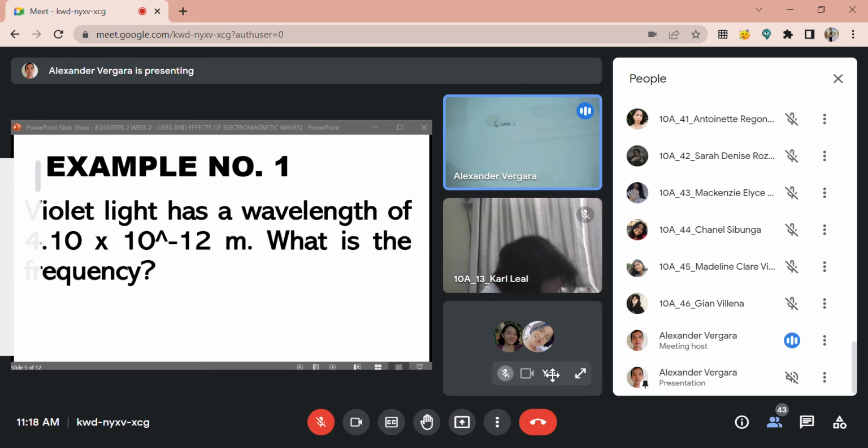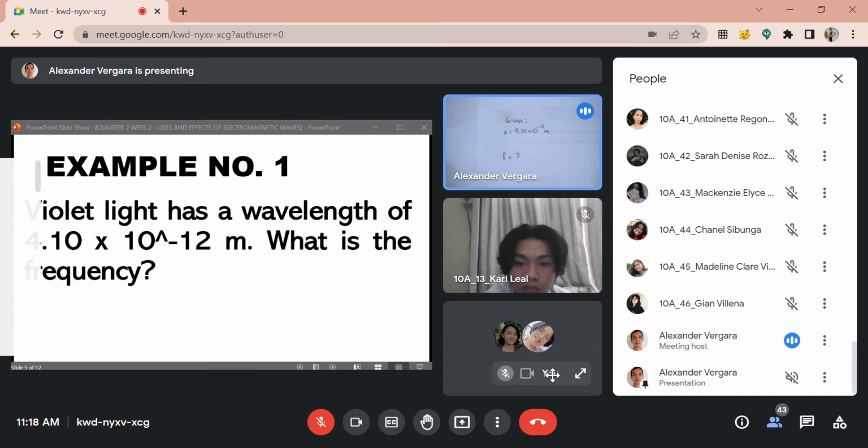Okay, so what are the given in the formula? We have the wavelength. Let's put it as lambda. By the way, this symbol is what we call lambda. That will be 4.10 times 10 raised to negative 12 meters. Then we're going to find the frequency. This is the unknown.